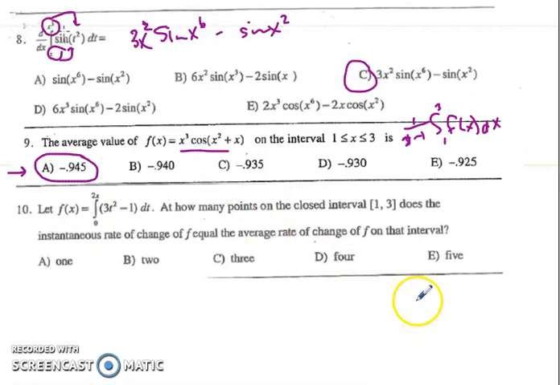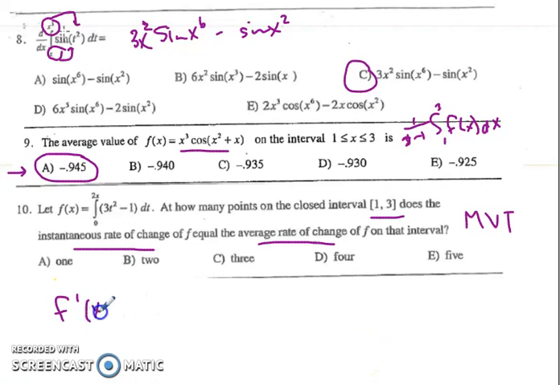All right, last problem on the page says f of x equals the integral from 1 to 2x of 3t squared minus 1. How many points on a closed interval does the instantaneous rate of change equal the average rate of change? That means we are talking about the mean value theorem. So the instantaneous rate of change of f is f prime, and I get that by plugging in 2x for the t.